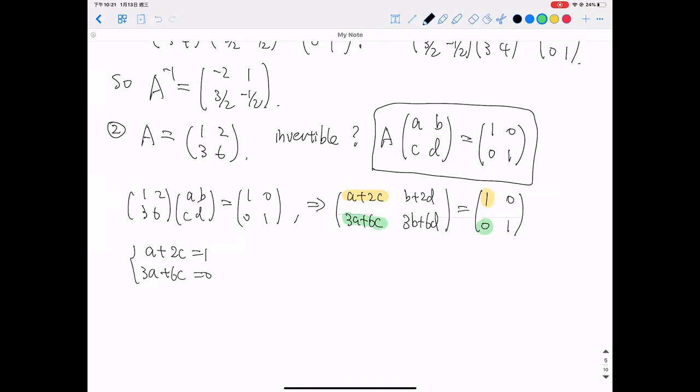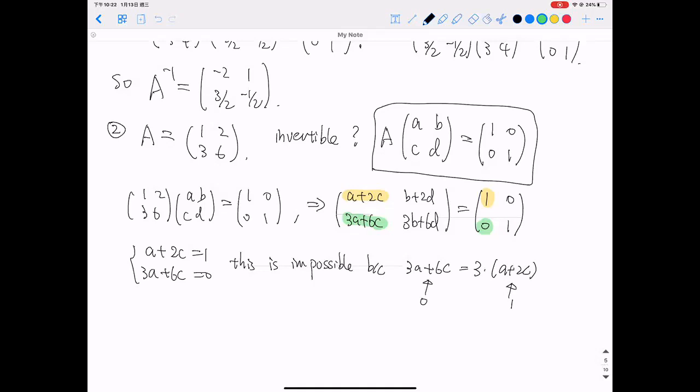You need both to happen at the same time, but this is not possible, because 3A plus 6C is 3 times A plus 2C. If A plus 2C were equal to 1, 3A plus 6C should be 3, not 0.